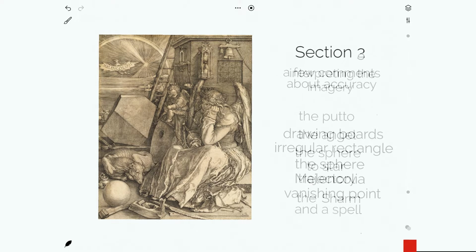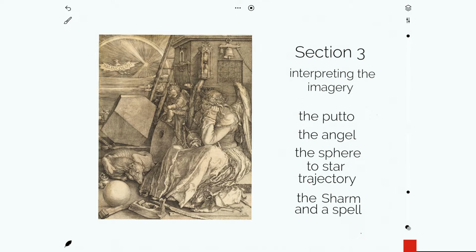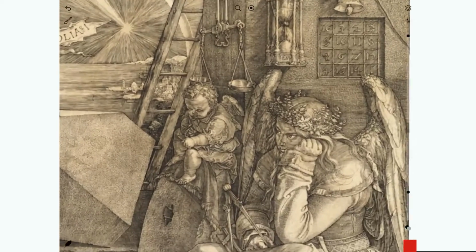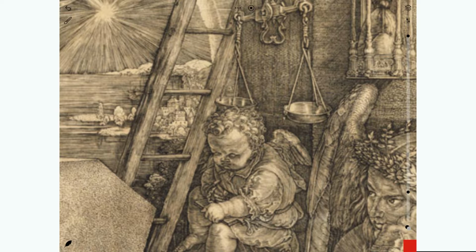Section 3, I'll be looking at the imagery in the artwork and giving my interpretation of that. So let's begin again with the putto and this bright patch on the head. I believe this is a reference to the pineal gland, and Durer's drawn it nicely in the centre of the circle of the head.